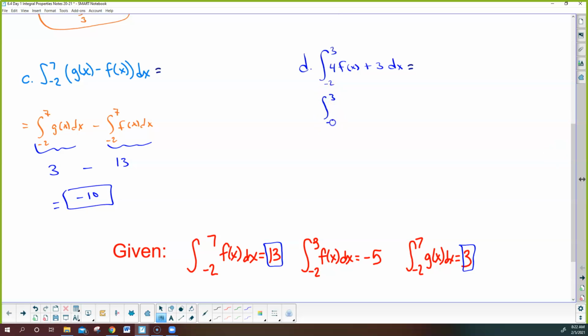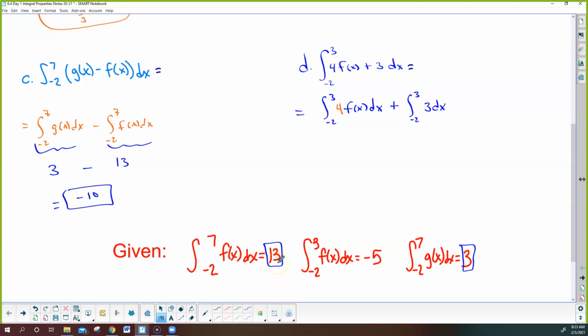I'm going to split this up first using the fact that, and actually I might save a step here. You'll see using the smartboard why this works the way it does. So the first thing I'm going to do is use the fact that if it's subtraction or addition, we can split this up and evaluate each piece, each sum, at its own bounds.